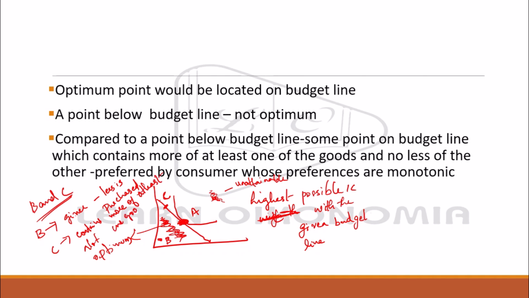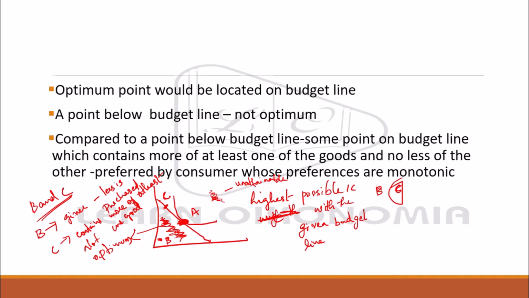It can be X or Y, and no less of the other. For the very same reason, given a situation to choose from B and C, a rational consumer will always choose C because it contains more of at least one of the goods and not less than the other commodity.